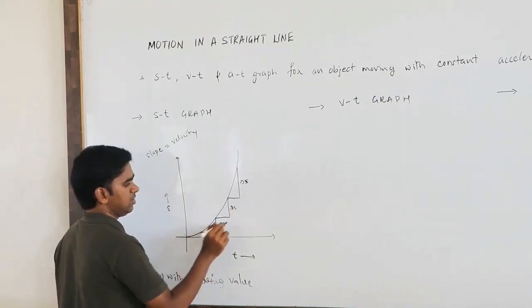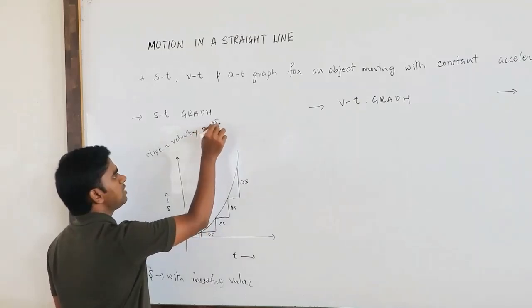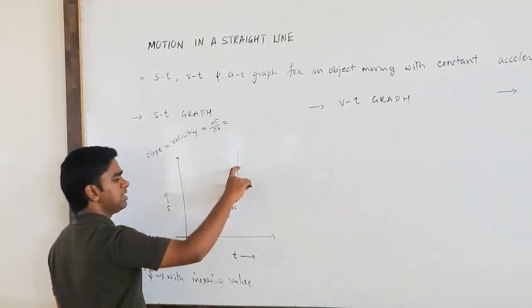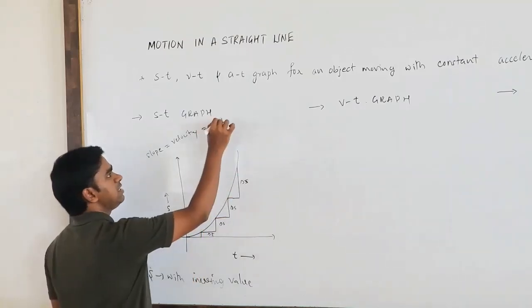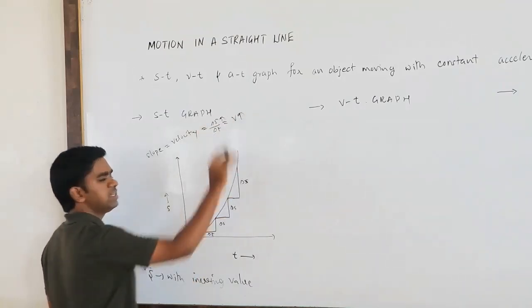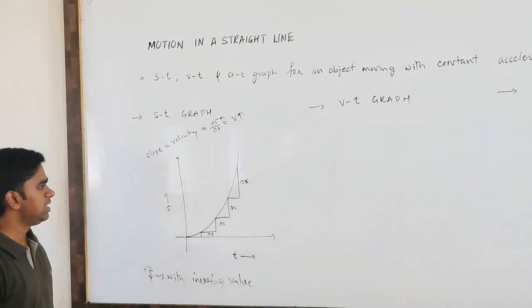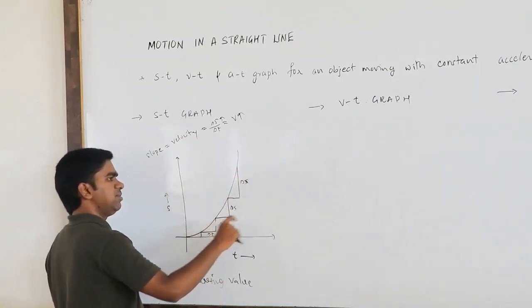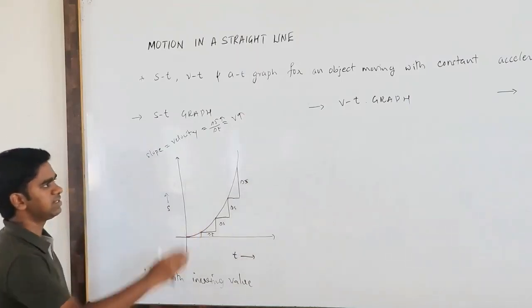This is delta T. So your velocity is delta S or delta X by delta T. So if the numerator is increasing, that means the velocity is increasing, but increasing with some constant value, which we will see.